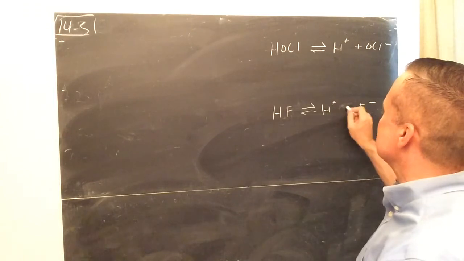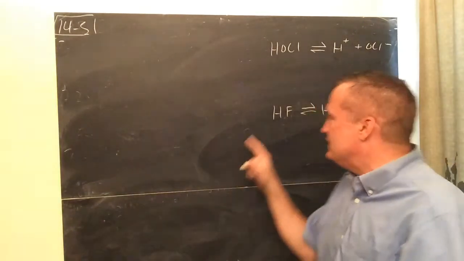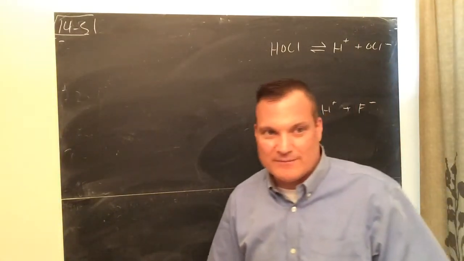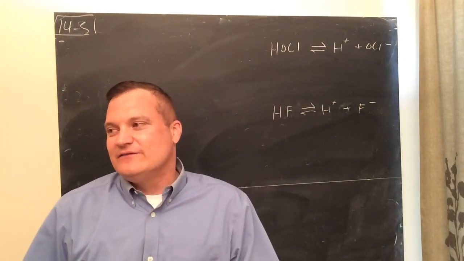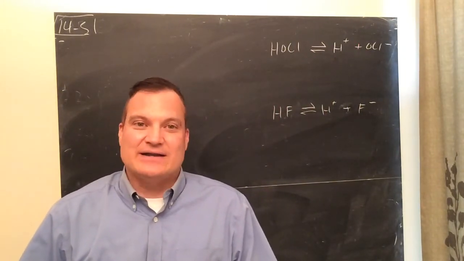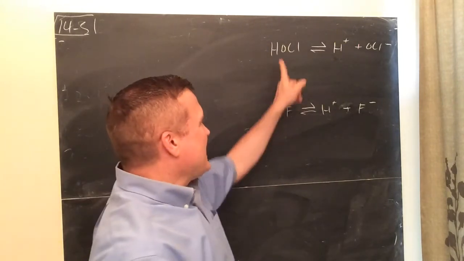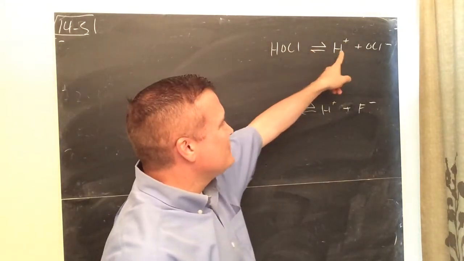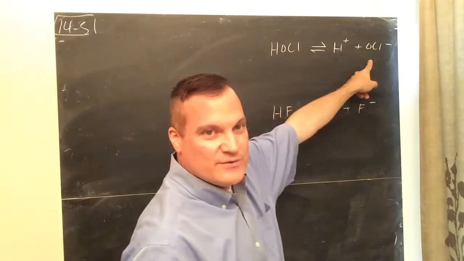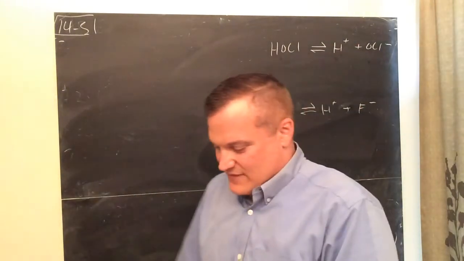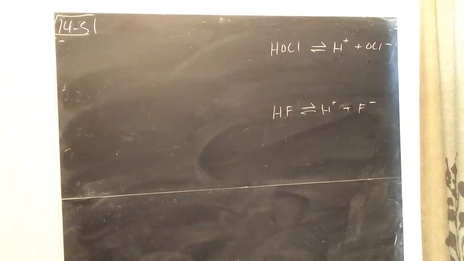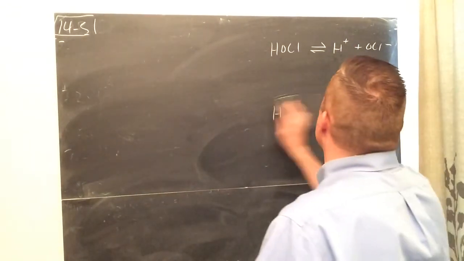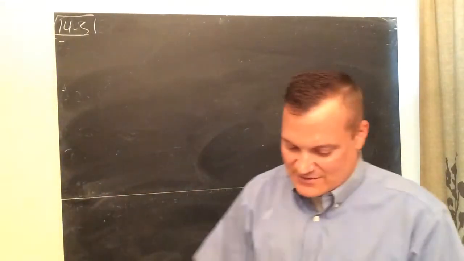Usually the AP gives you the equation you need on the equilibrium problem, so you don't even write it. If they do ask you to write it, they probably are going to ask you to write it plus water, like HOCl plus H2O gives you H3O plus OCl negative. But that problem is done the same way as the other one I just did. You will see one just like that on the homework, and then you'll see the answer key later, so there's no need for me to do that problem.